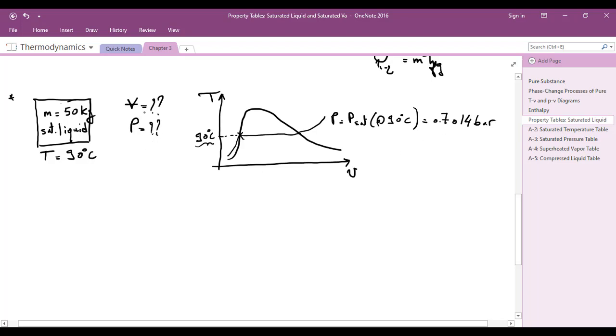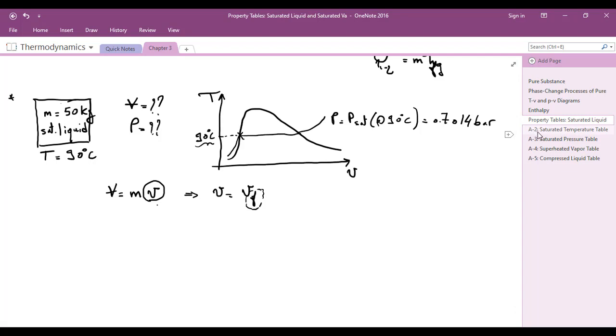In order to calculate the total volume, the total volume of this tank is equal to the mass times the specific volume. And since it is a saturated liquid, the specific volume V should be equal to Vf, since f denotes the saturated liquid state.